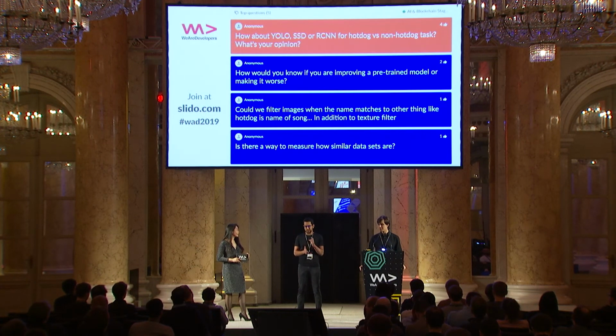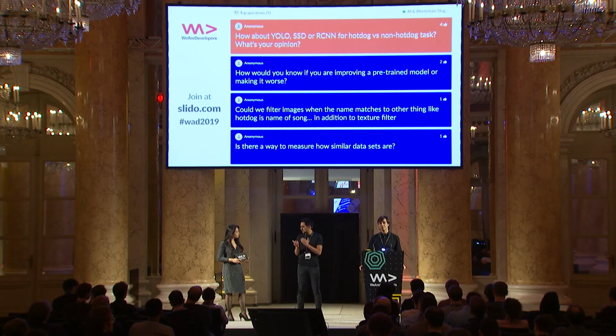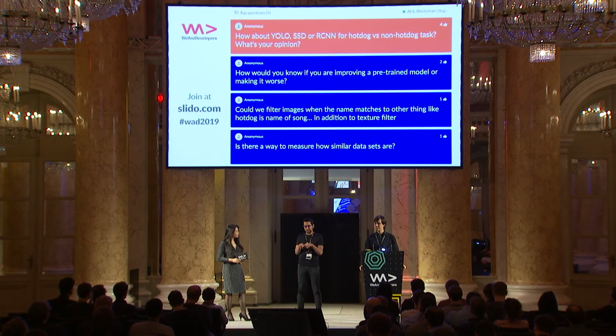So you are detecting where the hot dog is in your image. These techniques are not about classifying hot dog versus non-hot dog, but they are object detectors. Given an image, you find the bounding box, basically a rectangle, which encapsulates where the hot dog is present in that image.